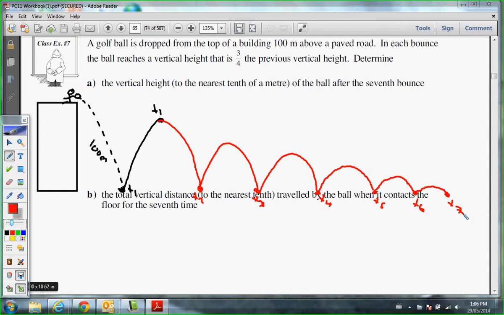So when I'm trying to figure out this total distance, we're talking about all of this. That's all vertical travel distance, right? So what stuff do I have to add in, and what stuff do I have to count for? Well, yeah, you have to think all of it, right? But how can I get that as a series?